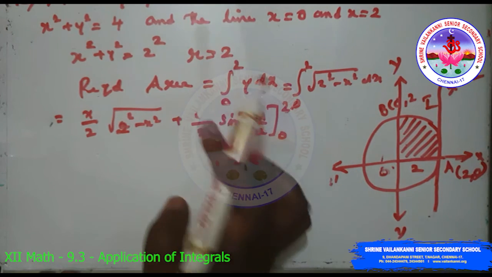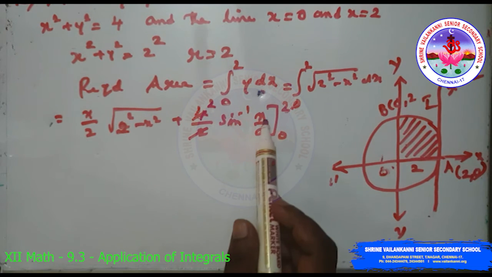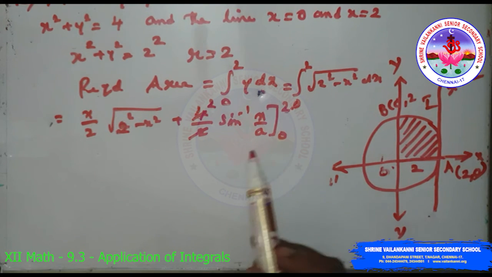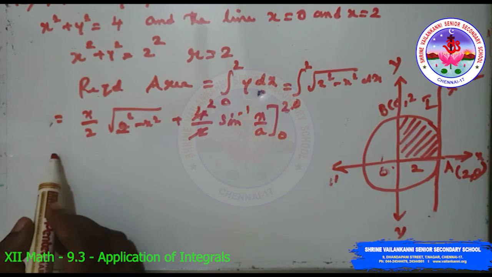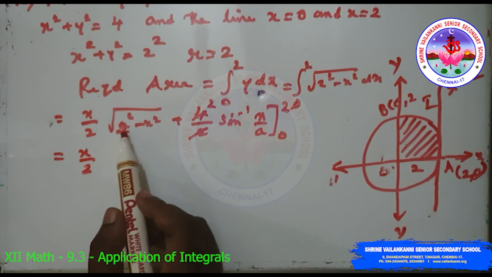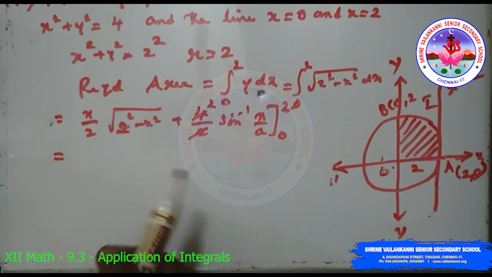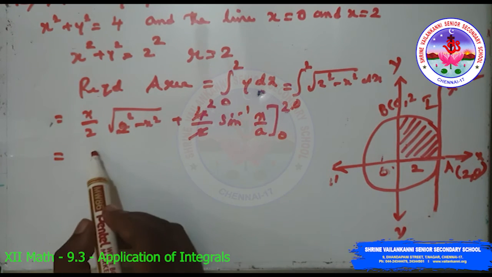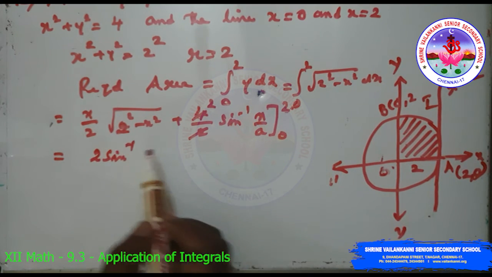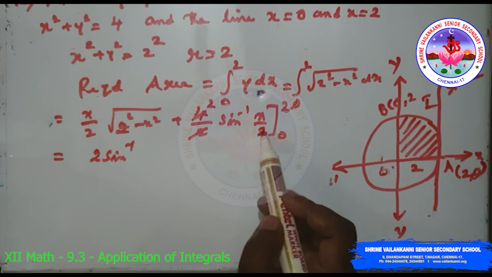A square is 4, so 4 by 2, cancelling this we get 2, sine inverse of x by a, limit is from 0 to 2. So upper limit minus lower limit, which is equal to x by 2, 2 square minus 2 square, which is 0. So 2 into sine inverse of x by a. Here a is 2, so 2 by 2 is 1.